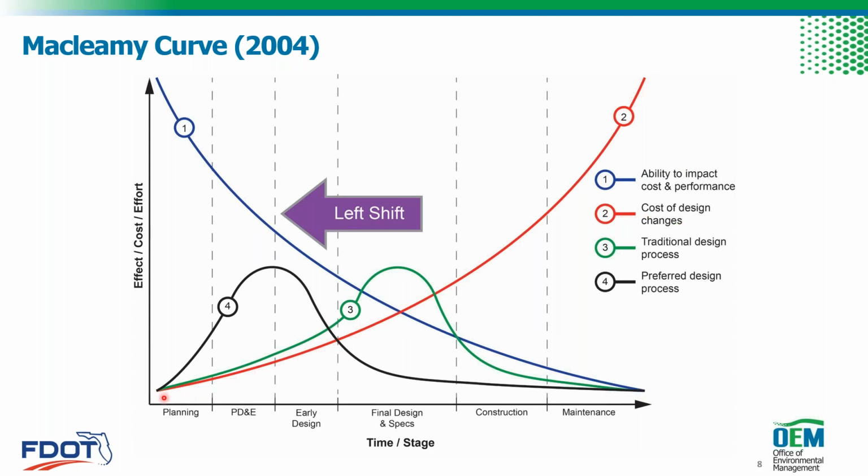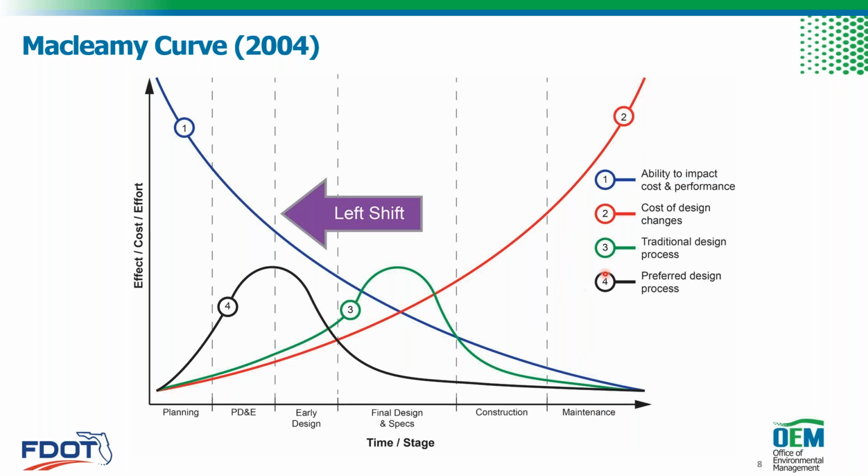However, the cost of those design changes is the exact opposite. It's low at the beginning, but as we get later into the phases, into construction and maintenance, the cost of those changes goes up quite significantly.